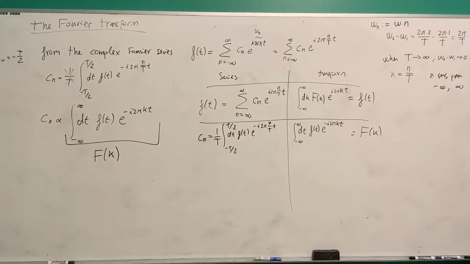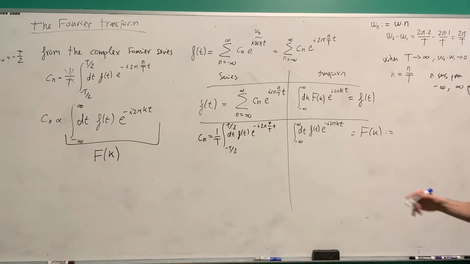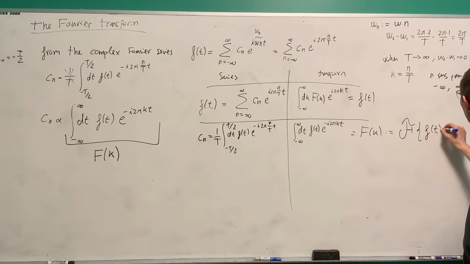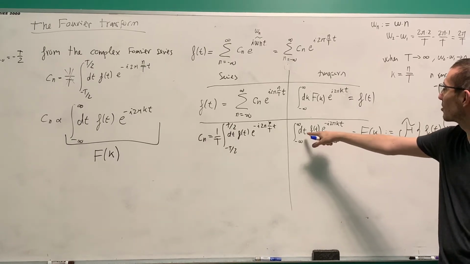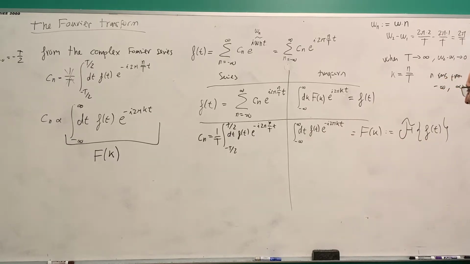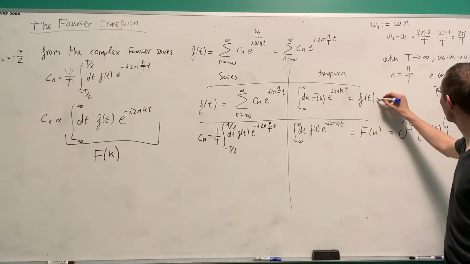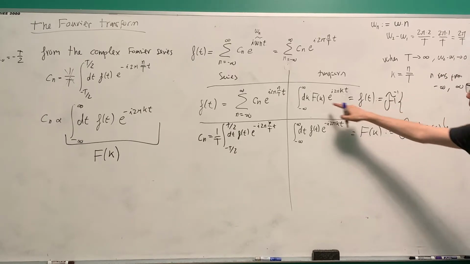Now, this is what we're going to define as one of the possible Fourier transforms of f of t, which will come later, in the same way we did with the Laplace transform, remember? So the Fourier transform is going to be an integral over k multiplied by a phase like that. And this thing is the inverse Fourier transform of F of k.